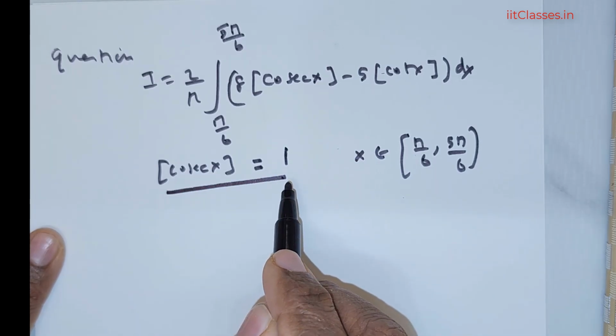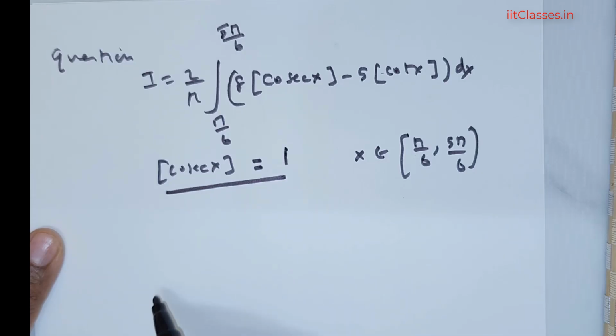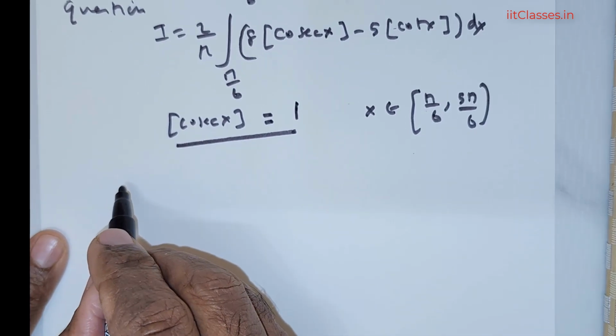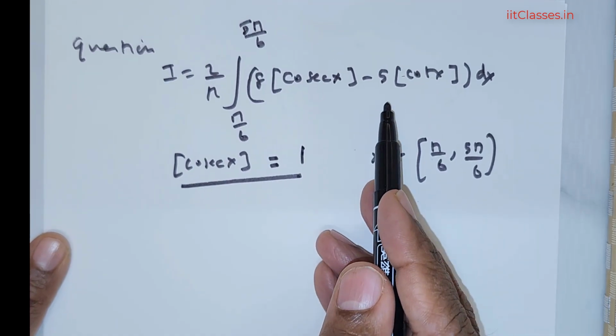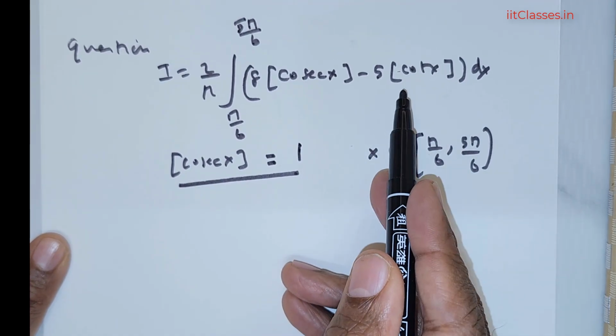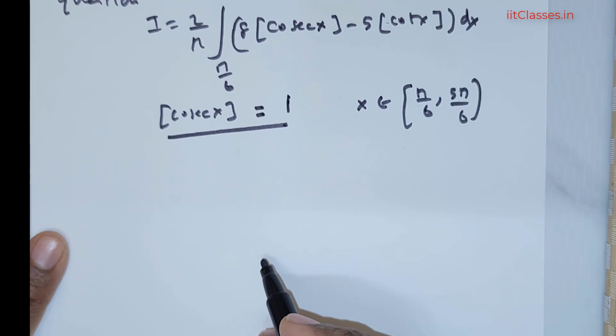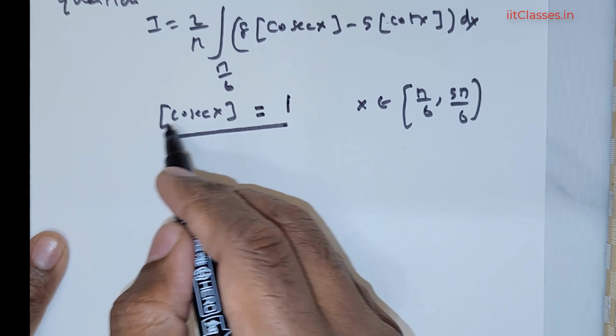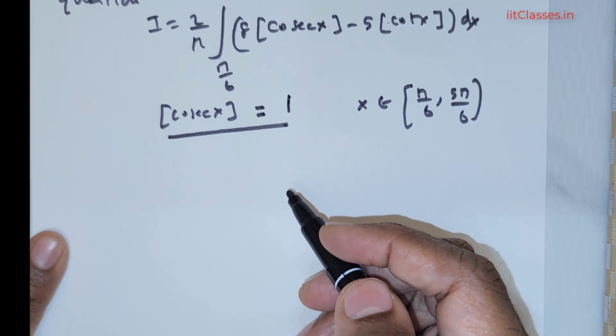Now this is for cosecant x, but this scenario is not going to be the same for cot x. The greatest integer function of cot x is not going to behave like cosecant x when the greatest integer function is being operated on it.